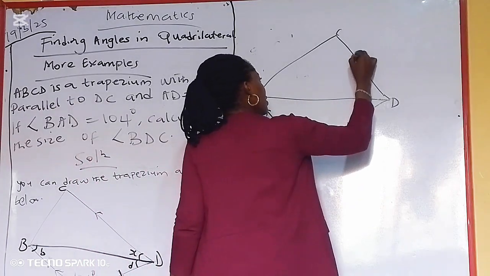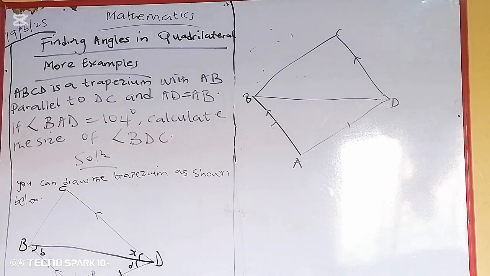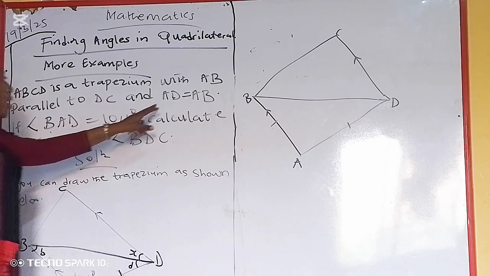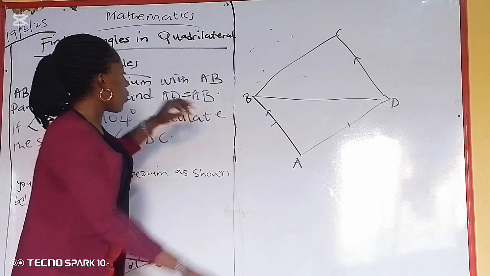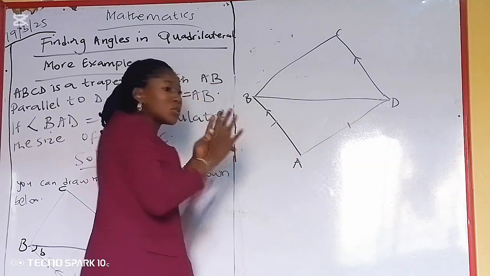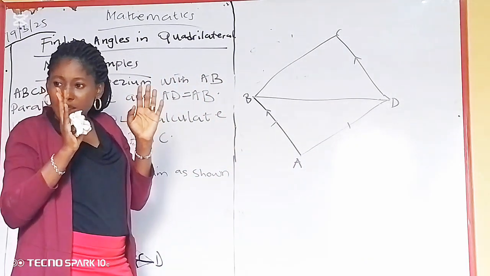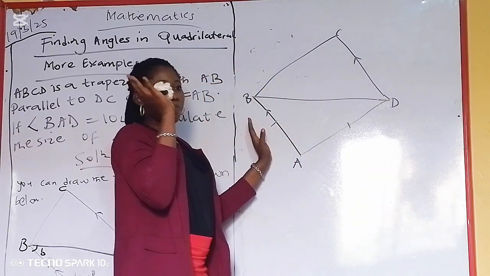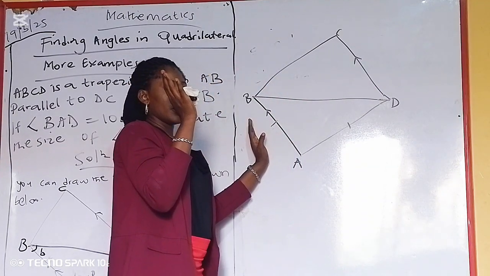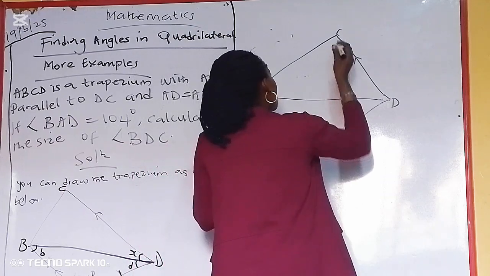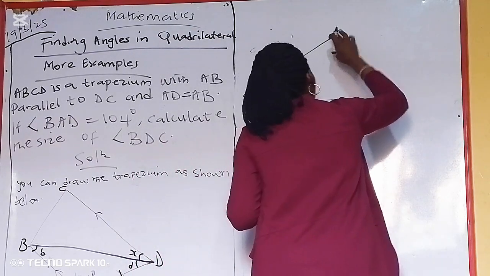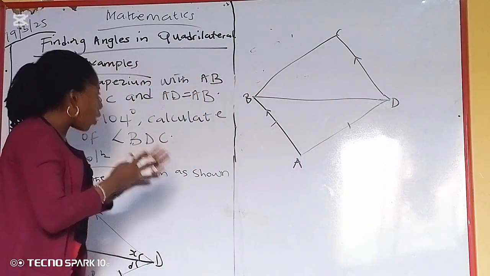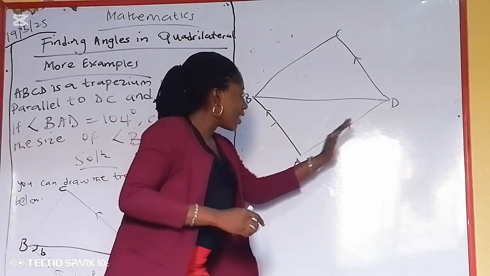So what else? AD is equal to AB. That is what really matters. Having gotten this, the top can be whatever shape. You can decide to elongate it however, but just ensure you follow whatever you are given.